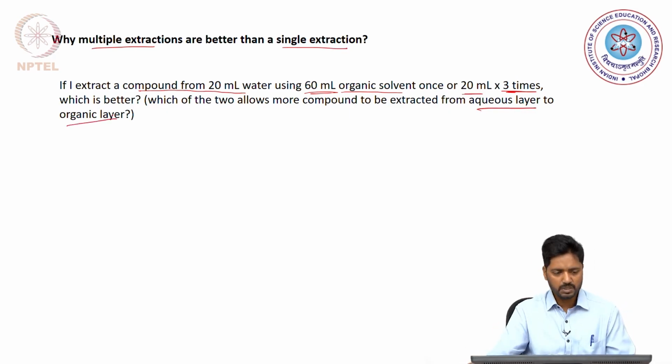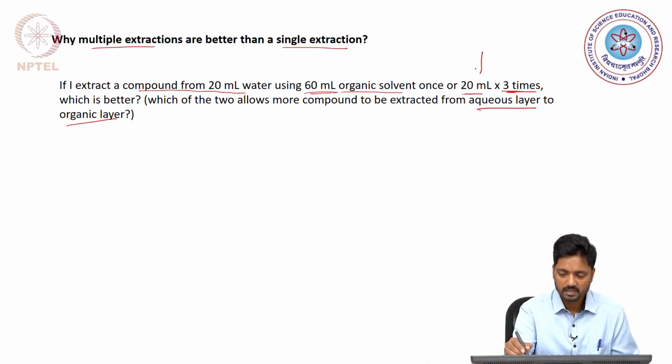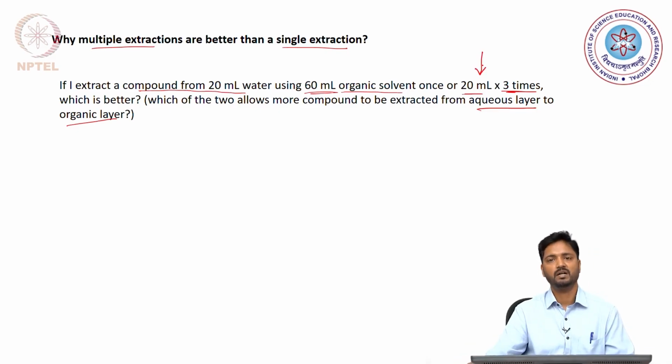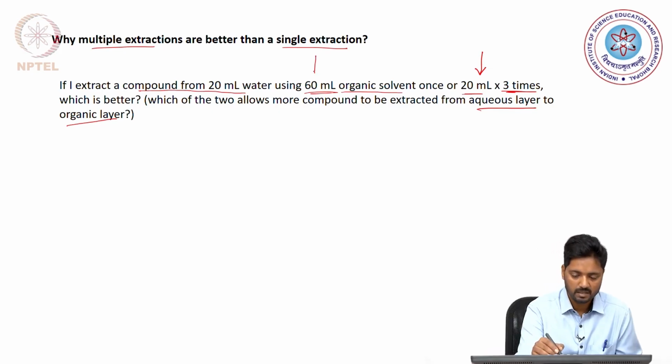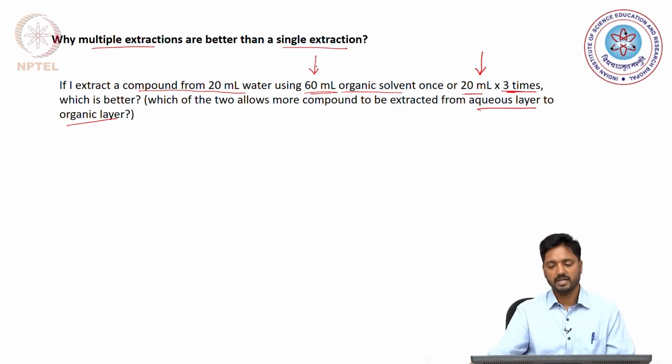I will give you the answer to begin with, and then I will try to explain to you mathematically how this happens. What is well known is that the second condition, where we are undertaking extractions multiple times, is much more efficient than the first condition where the extraction is happening only once, even though the total volume of the solvent that we have employed is the same in both the cases.